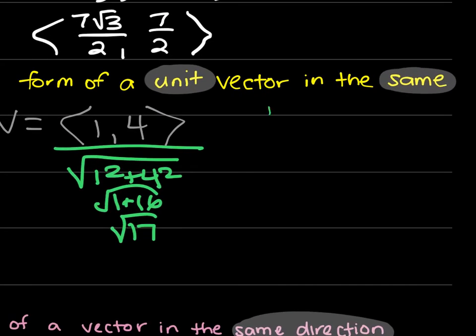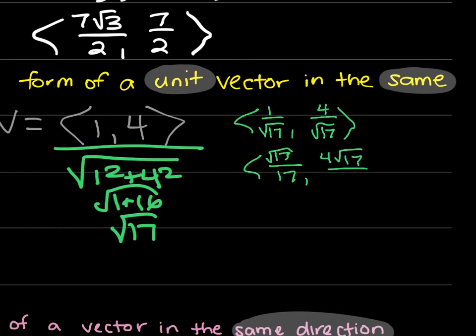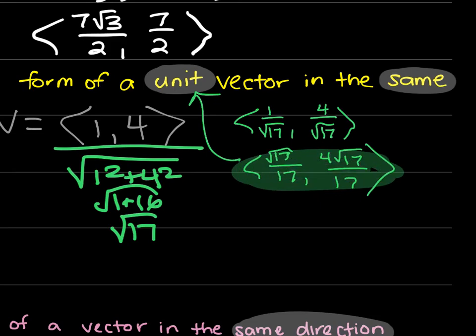So then I'd get 1 over root 17 and 4 over root 17. And then you'll rationalize. So root 17 over 17, 4 root 17 over 17. That's the unit vector in the same direction. And with extra time, you could check the magnitude of that should give you 1.